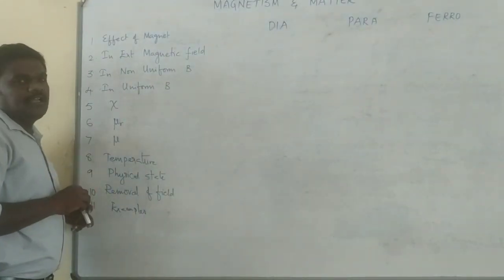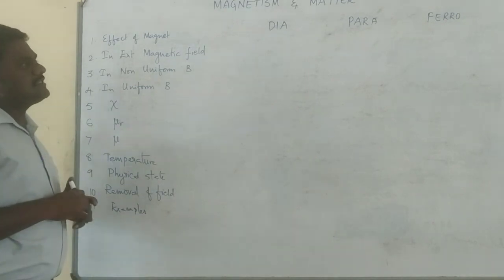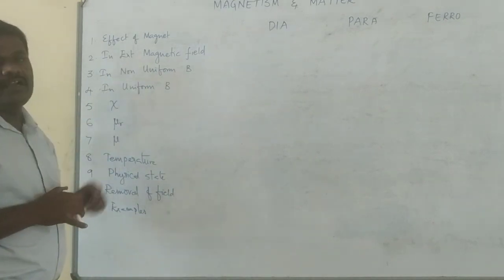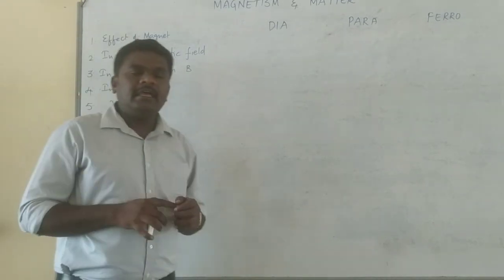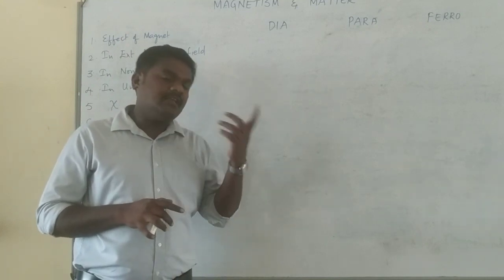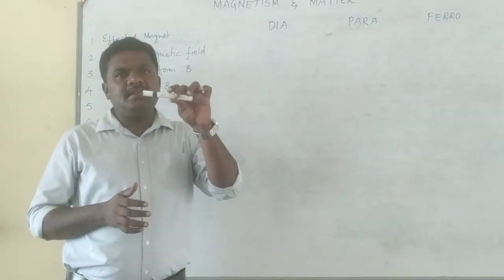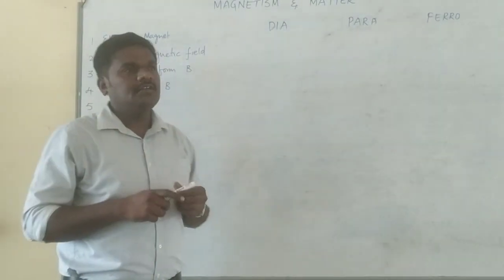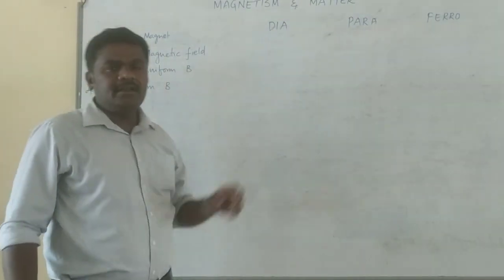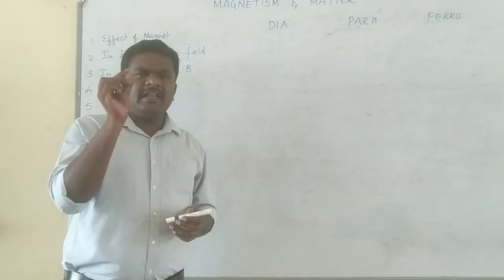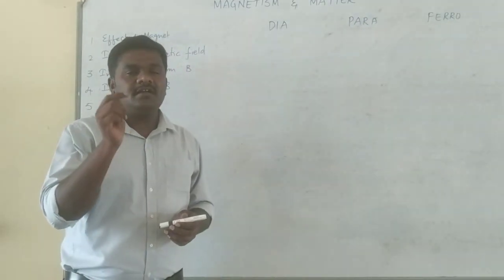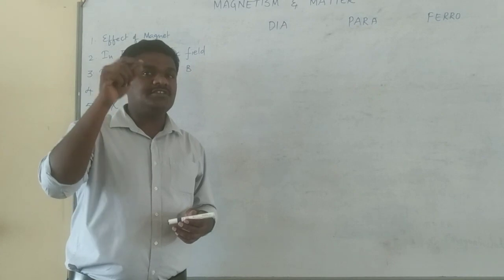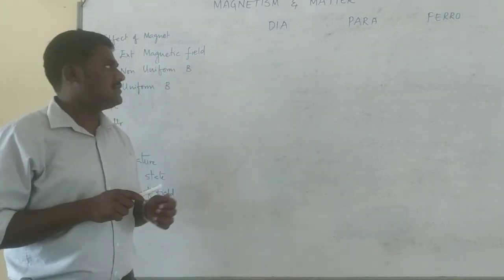Second, if you place each substance in an external magnetic field, this field will show certain effects. In diamagnetic materials, it produces a very low magnetic field, or intensity of magnetization, which I discussed in the last session.